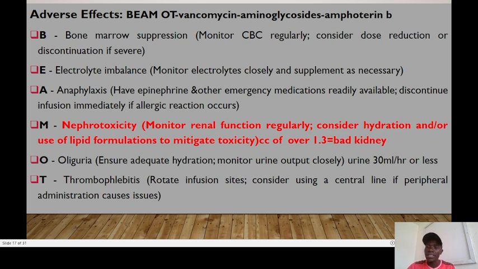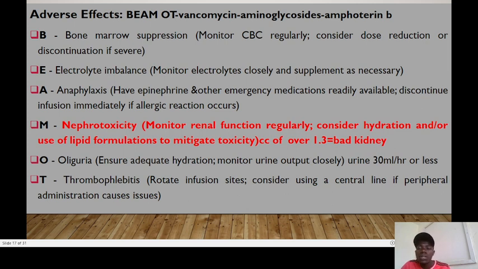E is for electrolyte imbalance. Amphotericin B will cause disturbance in almost all the electrolytes, more so the potassium, the sodium, magnesium. So you have to monitor these electrolytes closely and supplement as necessary. A is for anaphylaxis, so you need to have epinephrine and other emergency drugs readily available.